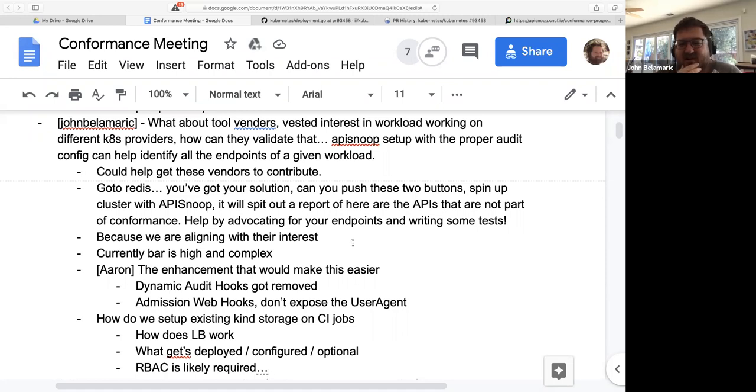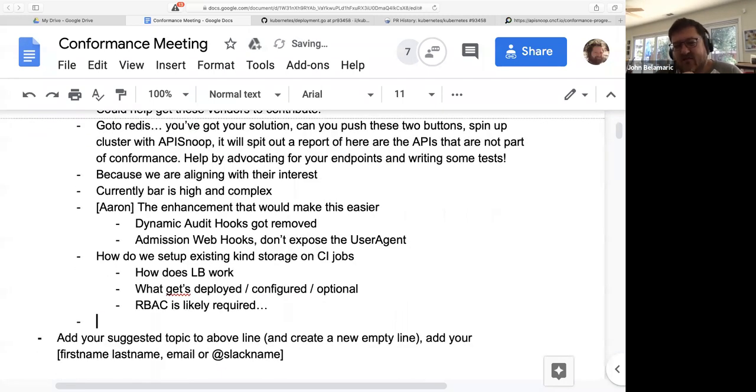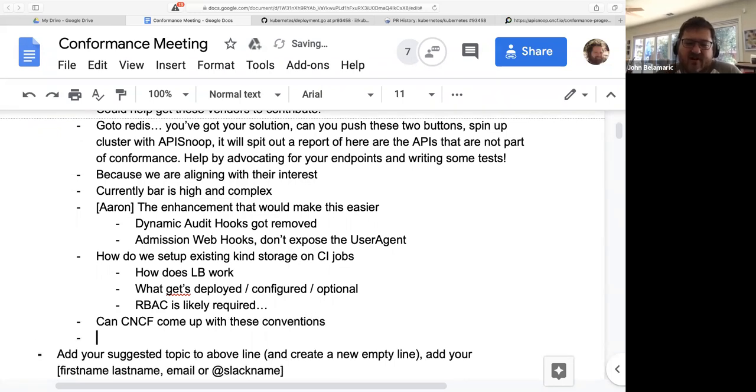And that wasn't that useful, right? So I could see space in CNCF to come up with some conventions, that if you follow these conventions and you have, say, a repo of tests and maybe a Helm chart or whatever it is, it will deploy it to their cross-cloud CI.